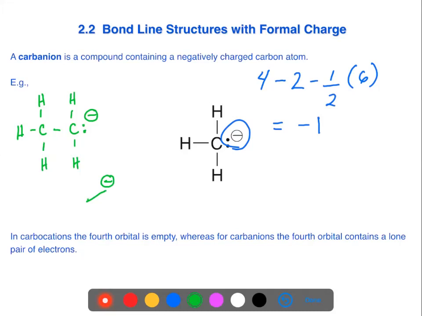And so we don't need to show the lone pairs. We were given that information in our Lewis structure. This formal charge of -1 indicates to us that there is a lone pair at that particular carbon, and that the remaining bonds to that carbon are 1 to this methyl group, and the other 2 to hydrogen shown here. So this would be the bond line structure for the ethanide carbanion.